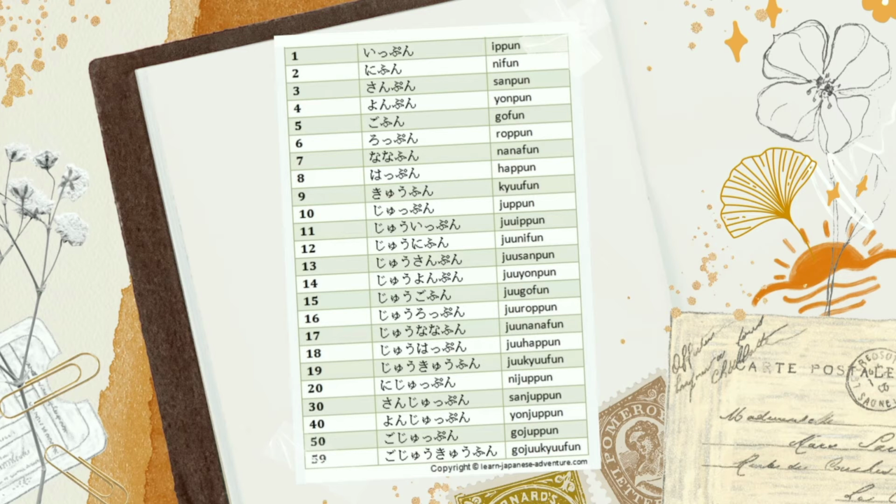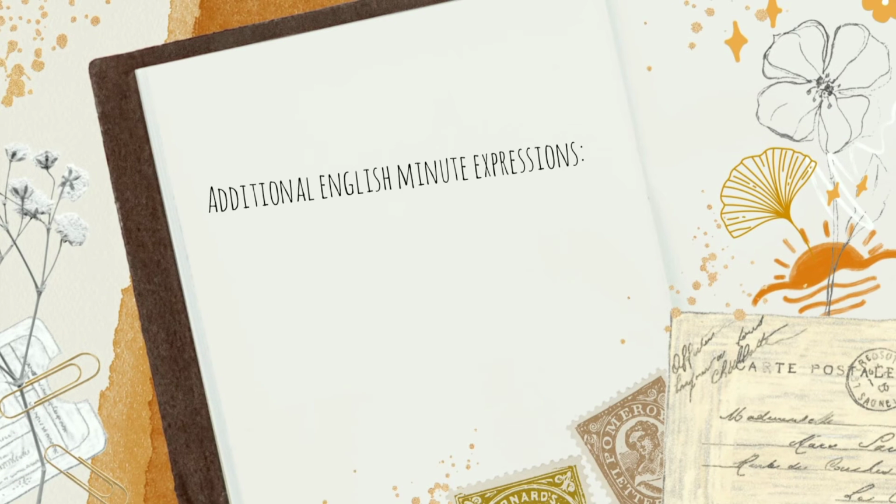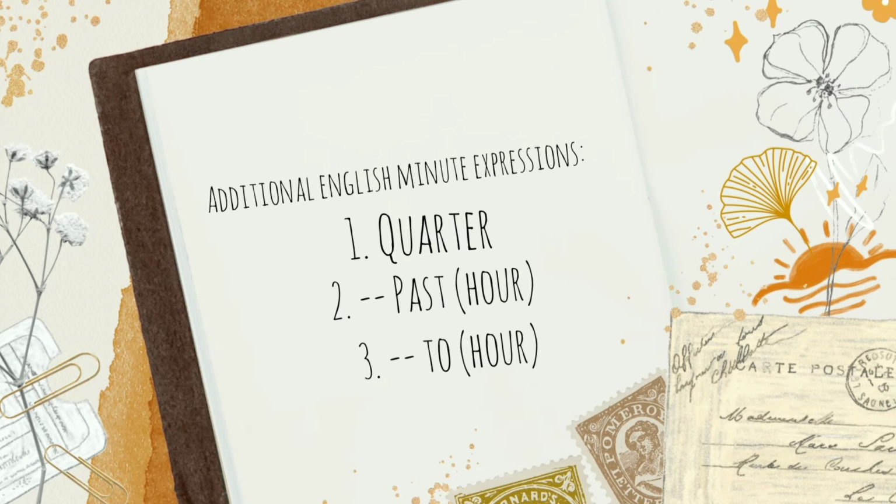Unlike in English, the word fun or pun, which means minute, is always added after the numbers when telling minutes. Telling time with minutes in Japanese is quite simple, and there are no special terms or phrases to express certain groups of minutes. English has more specific expressions such as quarter, past 2, and to 7.